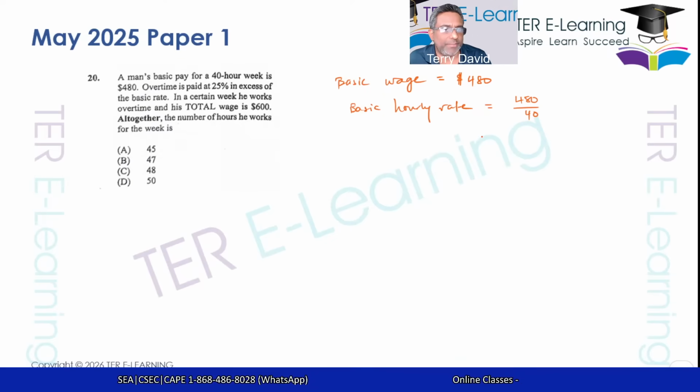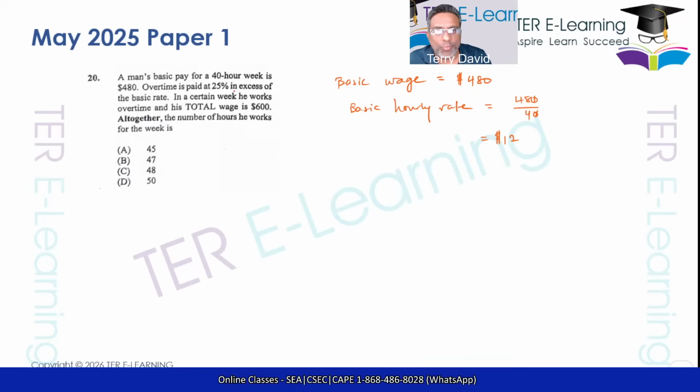So in this case here, this will cancel with this. So this will work out to $12 an hour, right? $12 an hour. So that's the basic hourly rate.